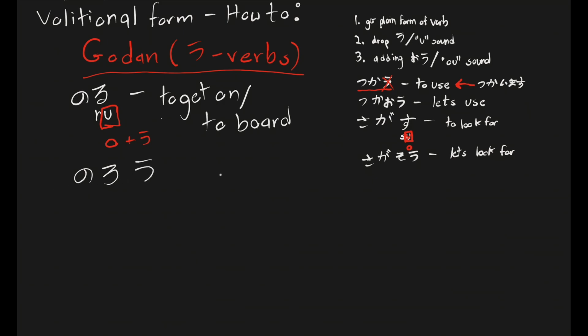That'd be let's get on, let's board. So it's like let's get on the bus. Basu ni noro. Fune ni noro, to get on the ship. So this would be the volitional form, let's get on, or let's board.